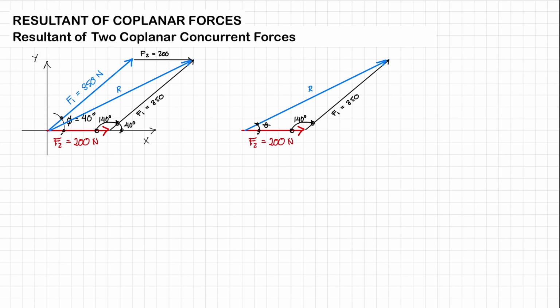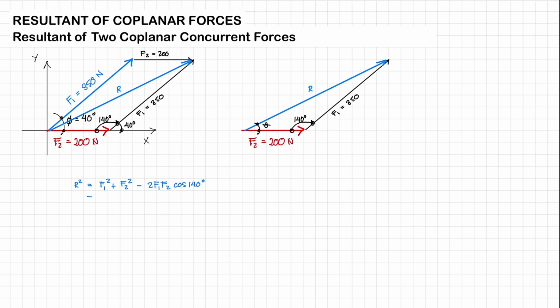So for our resultant, it's going to be R squared is equal to F1 squared plus F2 squared minus 2 times F1 times F2 cosine 140 degrees, our included angle.